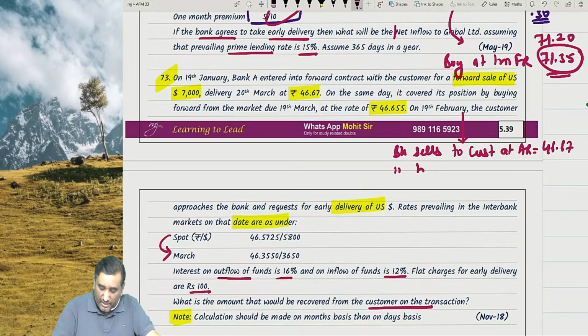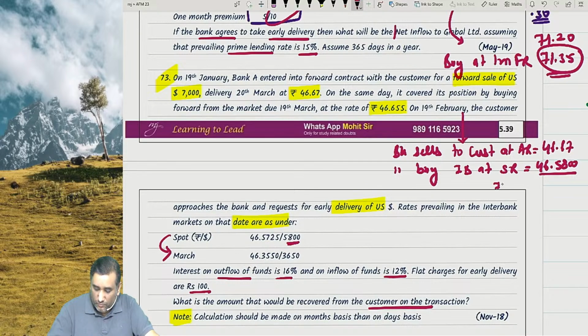But the bank will do what? The bank buys from where? Interbank market. At what rate? The rate of 19 March. The bank will buy at what, sir? Bank buying 46.58. 46.5800. This inflow 0.09. Interest on inflow would be passed to the customer.